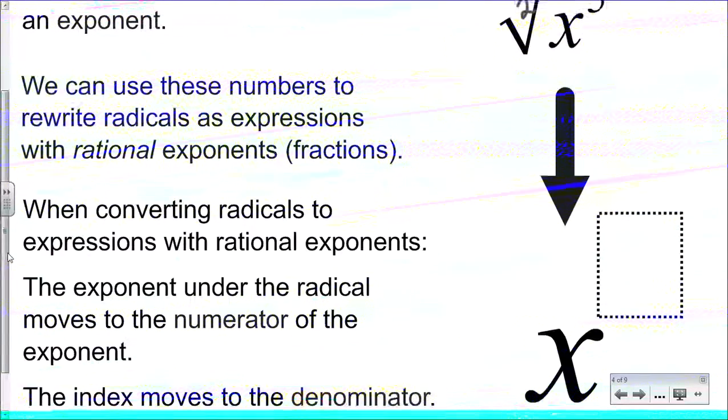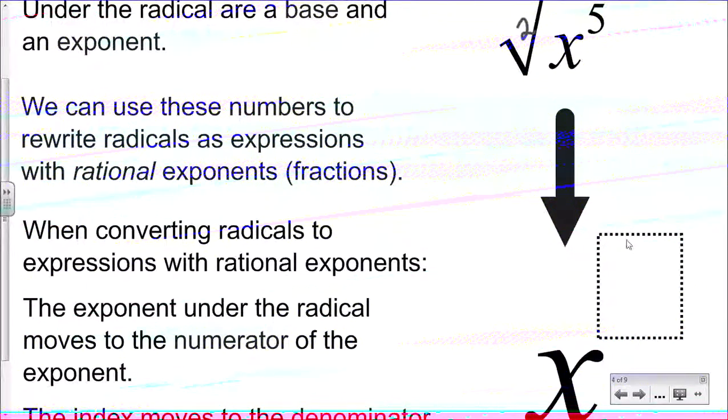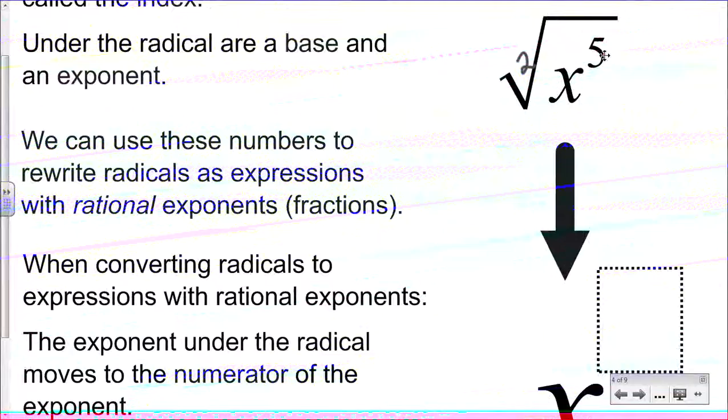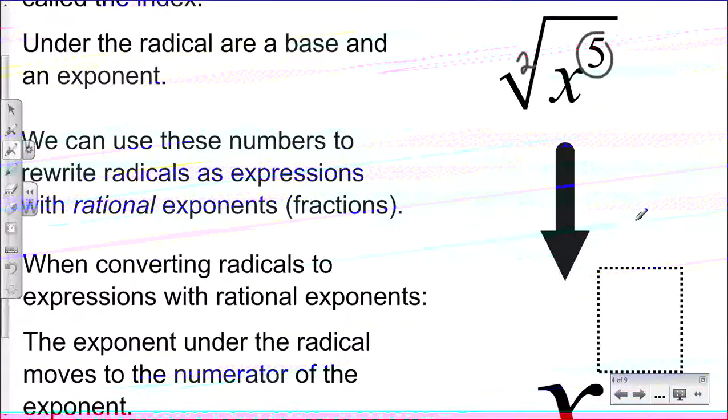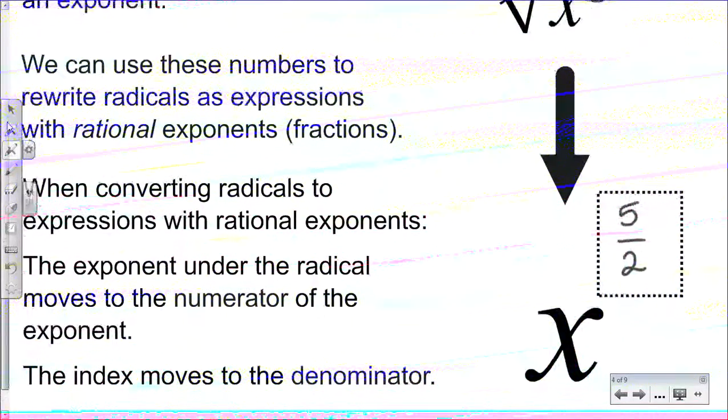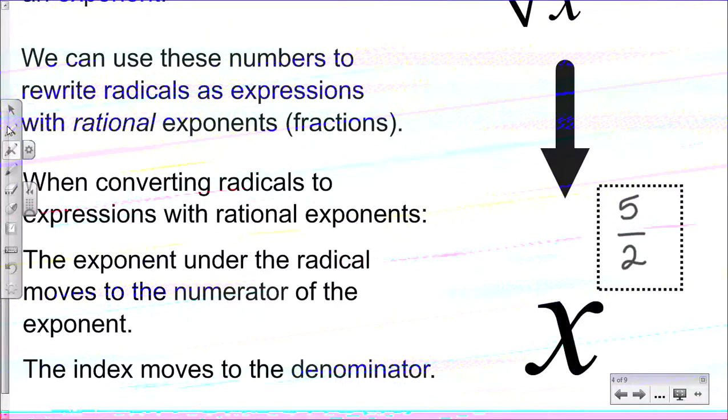Notice my base is going to stay the same. I still have my x, but I'm going to take my exponent from the inside. So I have my x to the 5th power here. This is going to become my numerator, and this index is going to become my denominator.